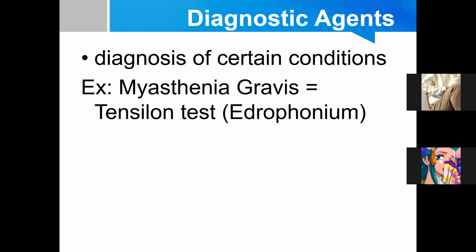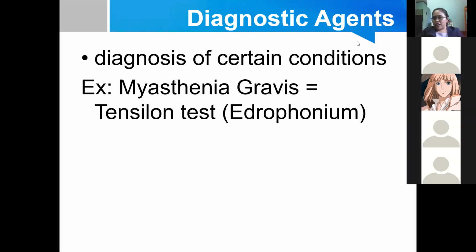Aside from that, another test, we call it tensilon test. The drug na ginahatag is edrophonium. That's the name of the drug. And ginagamit natin siya to diagnose myasthenia gravis. Okay? I think si Duterte, I have read an article. Sakit ni Duterte is MG, myasthenia gravis.